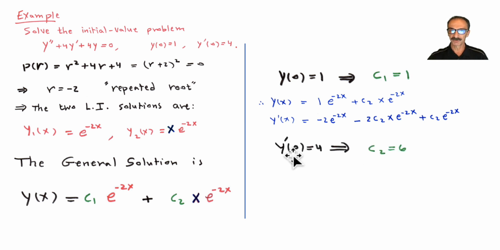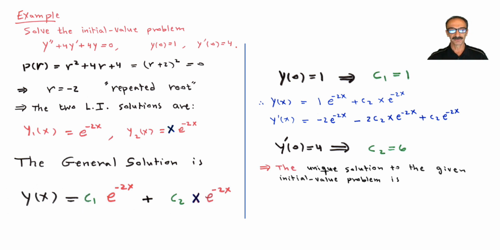Plug in 0 everywhere you see x, and that will reduce and give you C2 equals 6. We go back and put them in, 1 here and 6 here, and the unique solution to the given initial value problem is with 1 and 6 instead of C1 and C2.